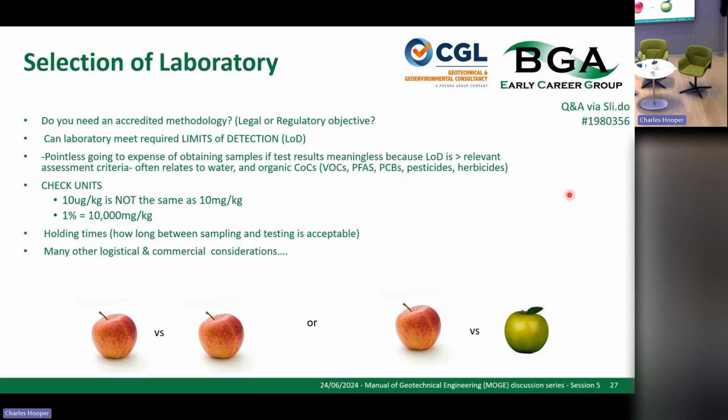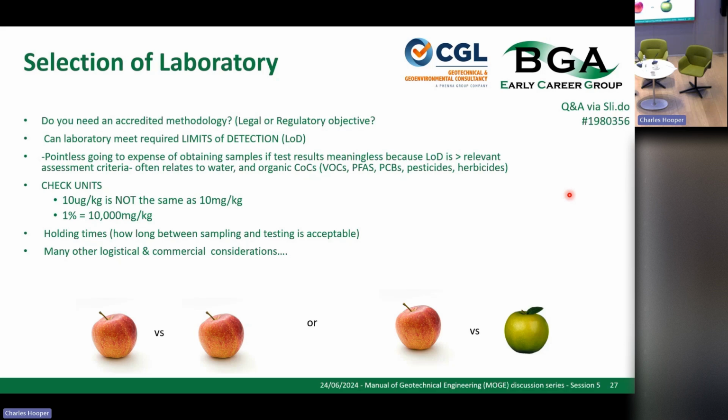You can see somebody goes, oh my God, I've got 10,000 micrograms. 10,000 micrograms is not the same problem as 10,000 milligrams. And if you don't look at your units, and they can change across a testing suite, some labs will test metals to micrograms and then VOCs and organics to milligrams.